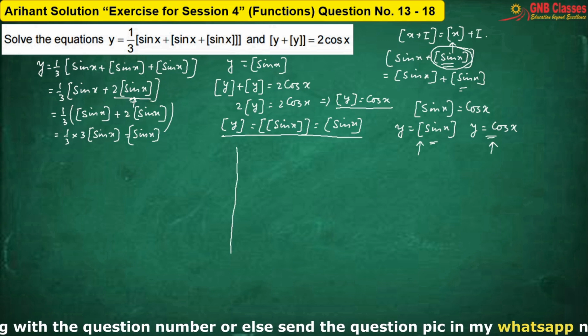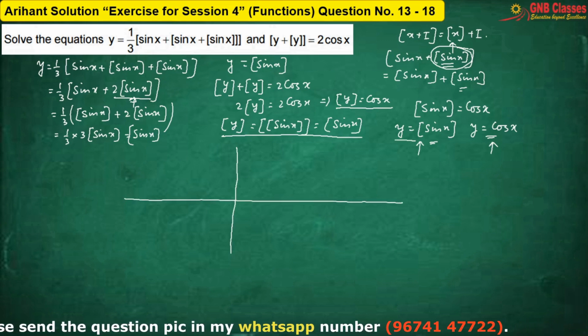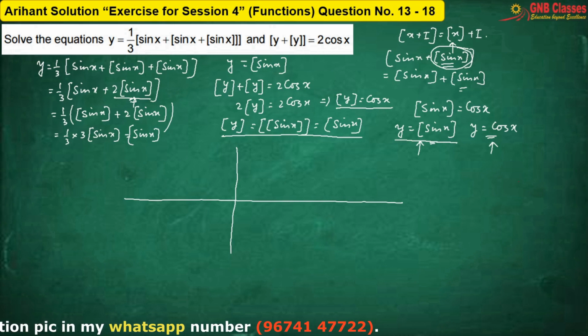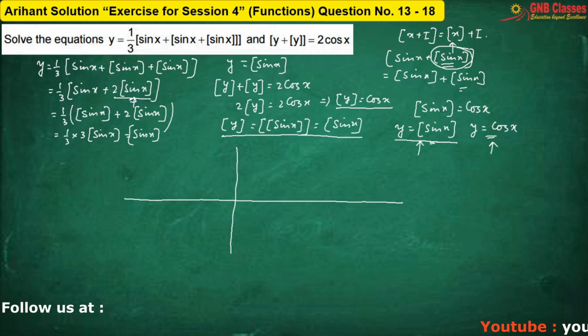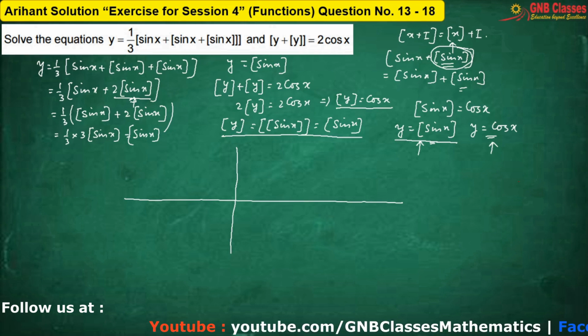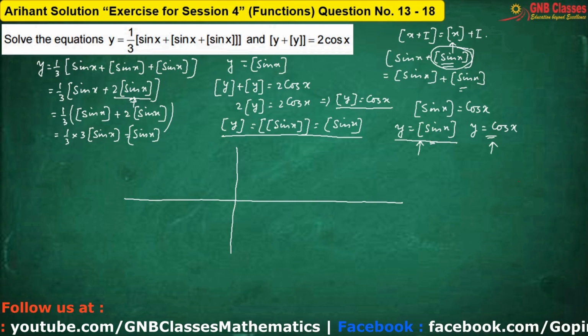So I will draw the graph of y equals [sin x]. To draw it, the first thing to remember is that [sin x] is a periodic function with period 2 pi. So we will draw the graph from 0 to 2 pi, and then we will repeat the same graph.